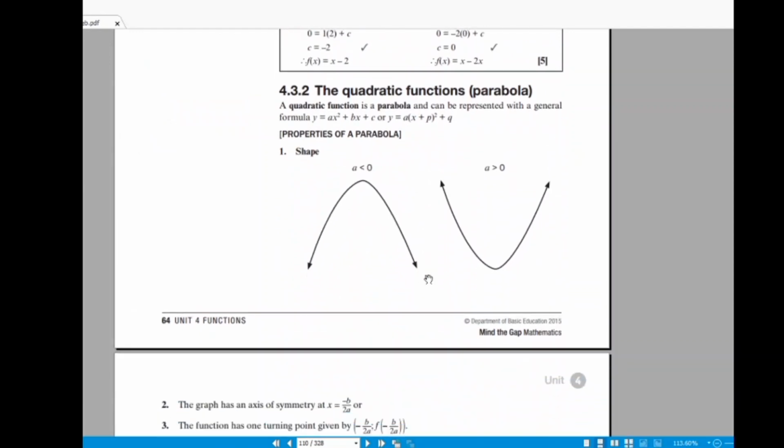And then now going on to quadratic functions, the parabola. So a quadratic function is a parabola and can be represented with the general form y = ax squared + bx + c, or y = a(x + p) squared + q, right.